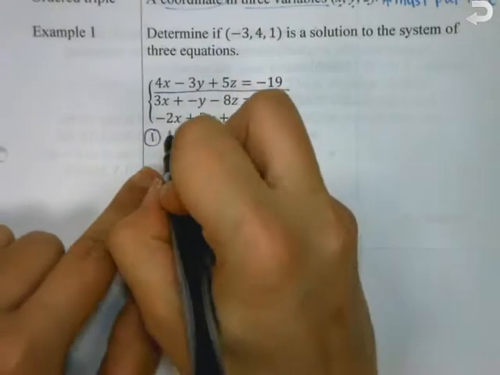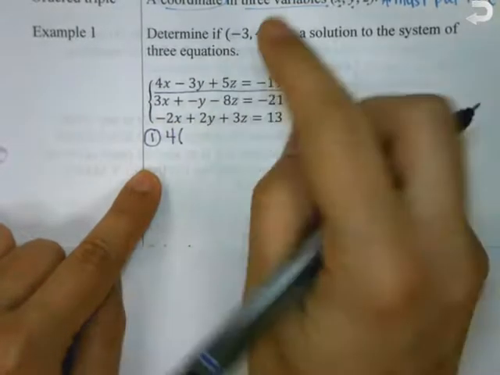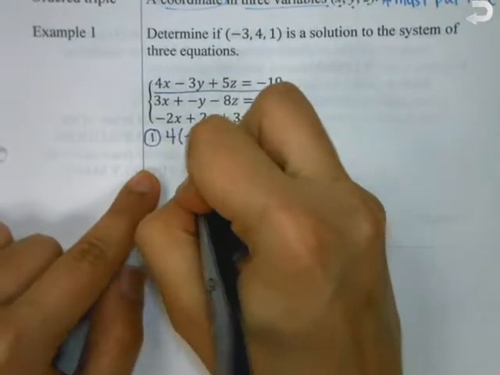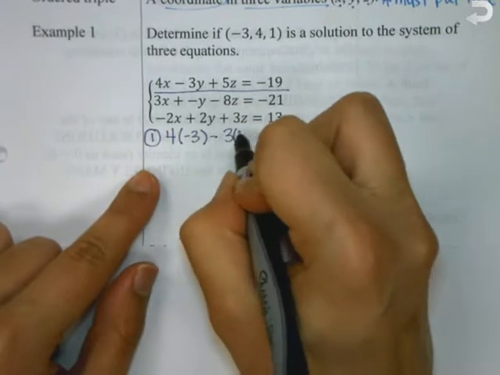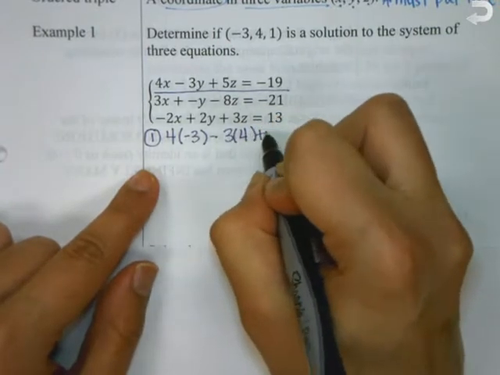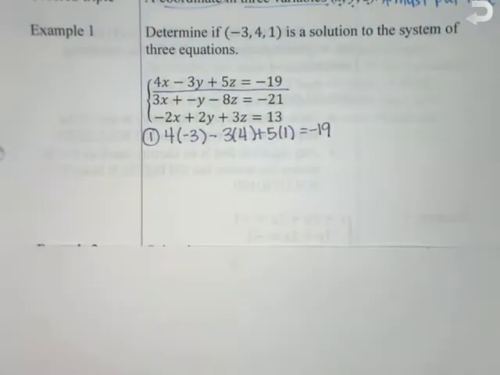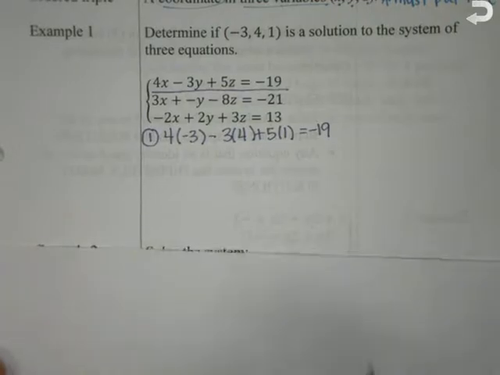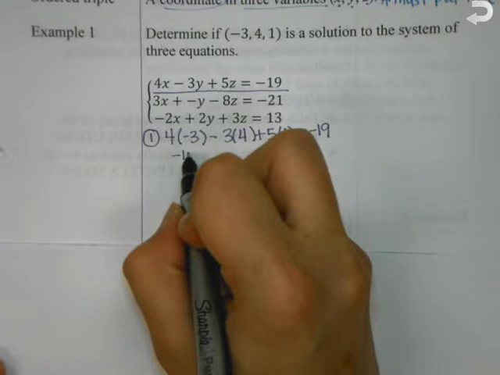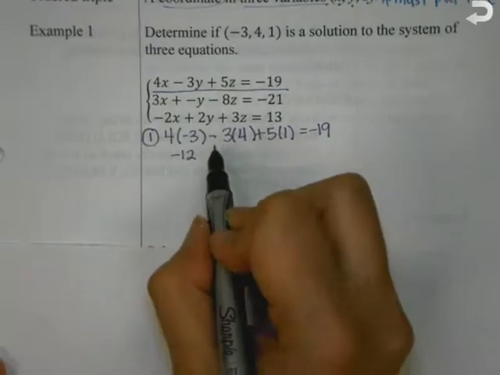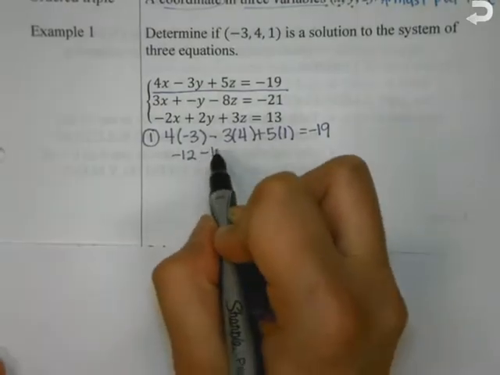So we have 4 times -3 minus 3 times 4 plus 5 times 1 equals -19. So that's going to be -12. -3 times 4 is -12.